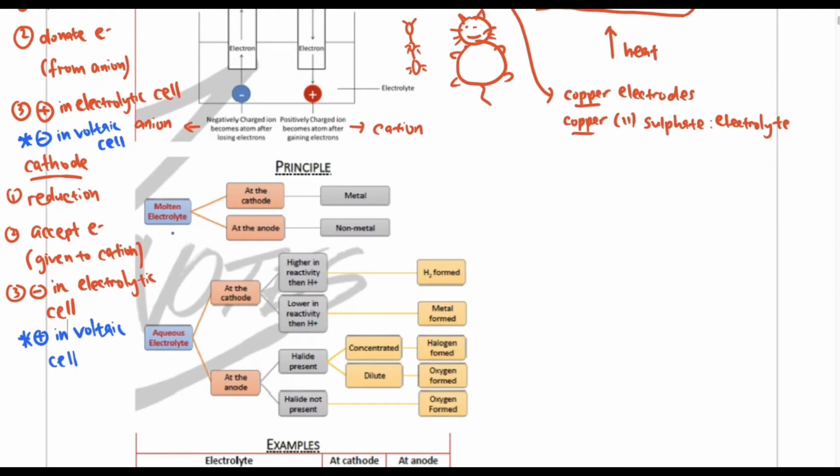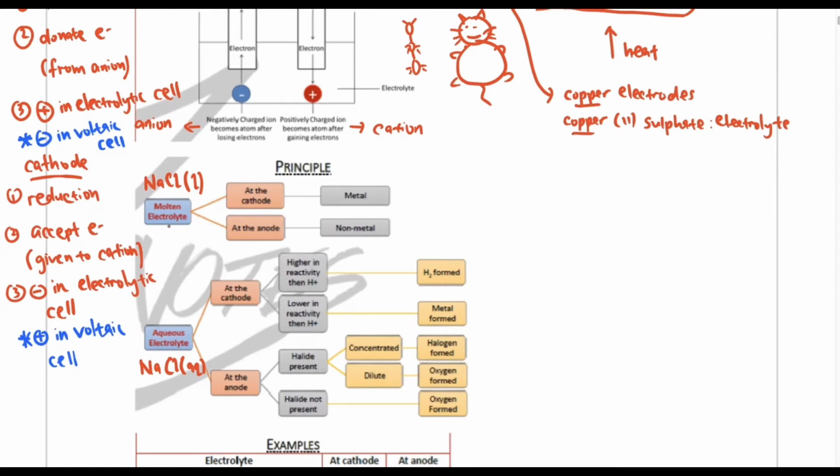For example, NaCl liquid, and then it's molten form. Aqueous, that we put NaCl (aq). So from the physical state symbol here, you can differentiate it. Molten is liquid, and then aqueous electrolyte is aq.